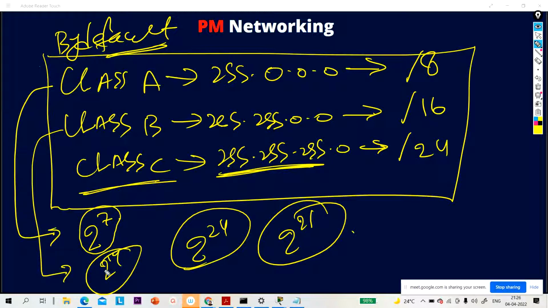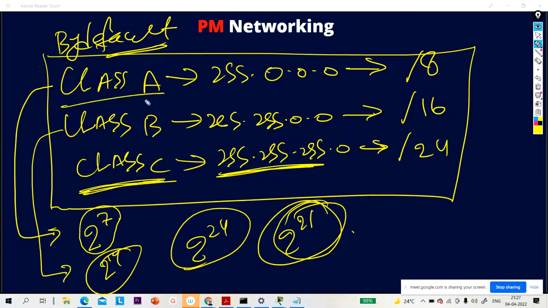Okay. So if you need to create more networks, you will use IP addresses from which class? From class C, right? You will get maximum networks. So many times an interviewer or in the exam you will face this type of question as well, right? From which class can I create maximum networks? From class C. And they can ask you this question in a different way as well, like from which class I will get the maximum number of IP addresses.